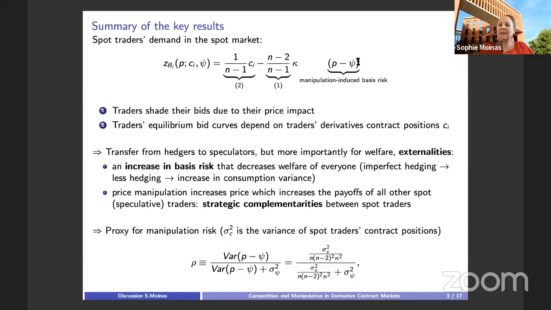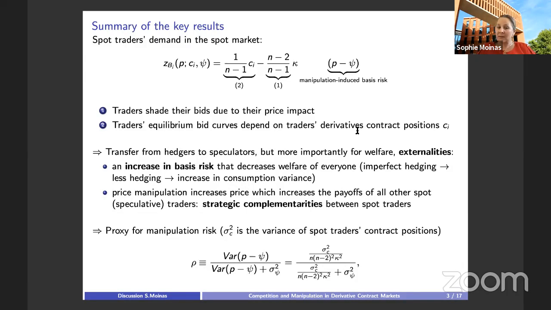And the key externality is that this manipulation, because there is, you see this P minus psi, it's going to create some noise. It's going to increase the basis risk for the hedger, for the spot trader as well, by the way, but more importantly for us or for regulators, for the hedgers. And this is going to decrease the welfare of everyone, okay?